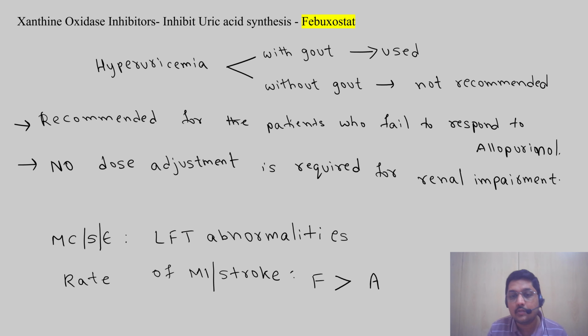Then why should we think of febuxostat? Yes, we know, right? The efficacy of febuxostat is higher. Regarding the safety for MI or stroke incidents, febuxostat has more. So depending upon the situation of the patient, we have to decide to give febuxostat or allopurinol.